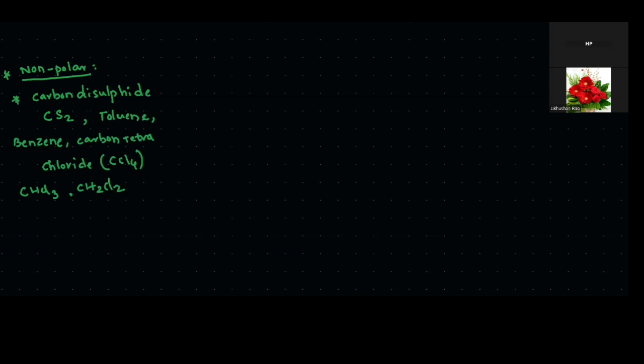Next, hexane. Next, heptane. These are all examples of non-polar solvents. So these are the totally polar and non-polar conditions. Polar is again classified into two: polar protic and polar aprotic.